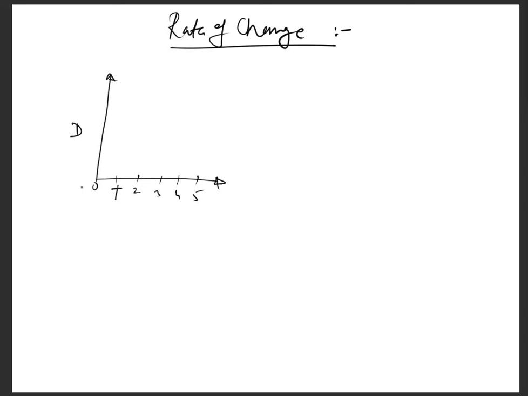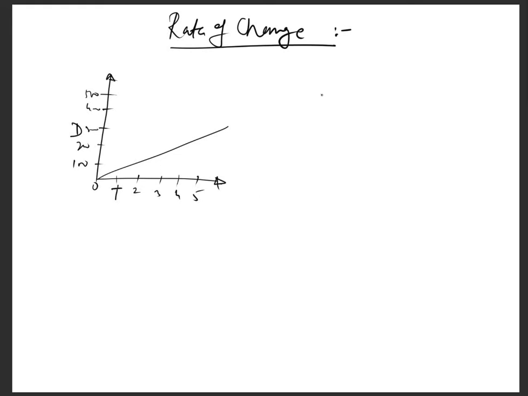And to ease the explanation, I will just talk about a linear graph. And let's say this is meters. There's 100, 200, 300, 400, 500.